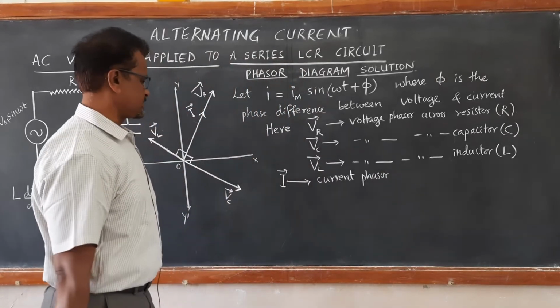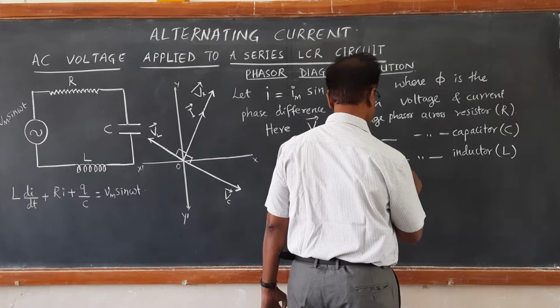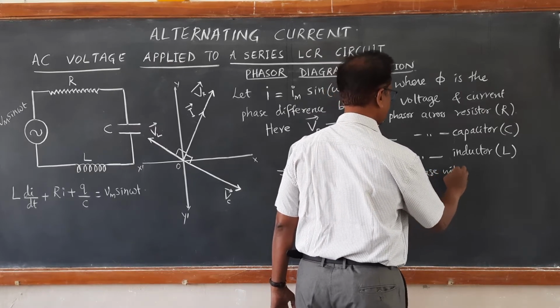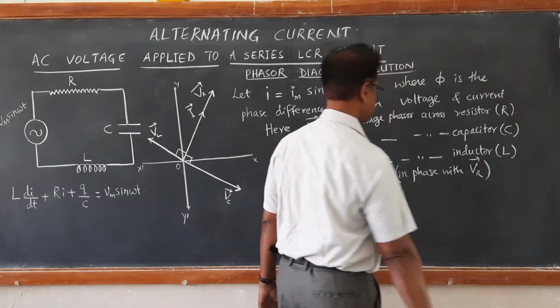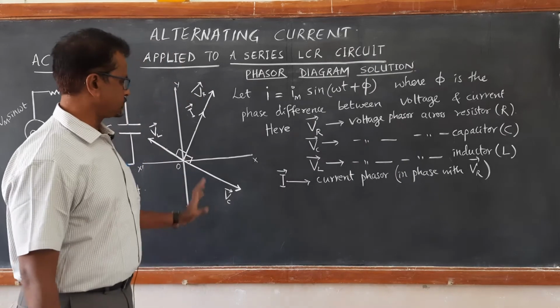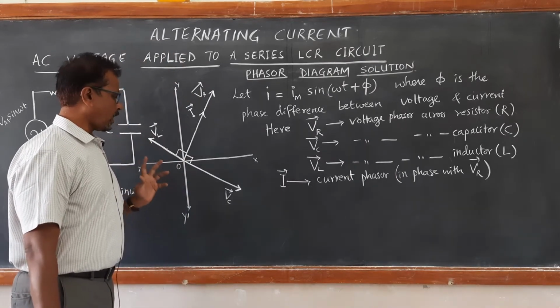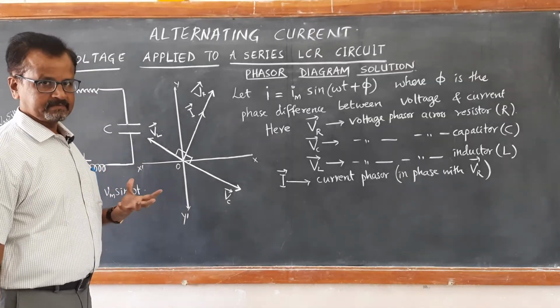which is in phase with voltage phasor VR, as we have studied earlier, right. These are the symbolic representations. Now, using these phasors, we need to find out what is the resultant voltage phasor.